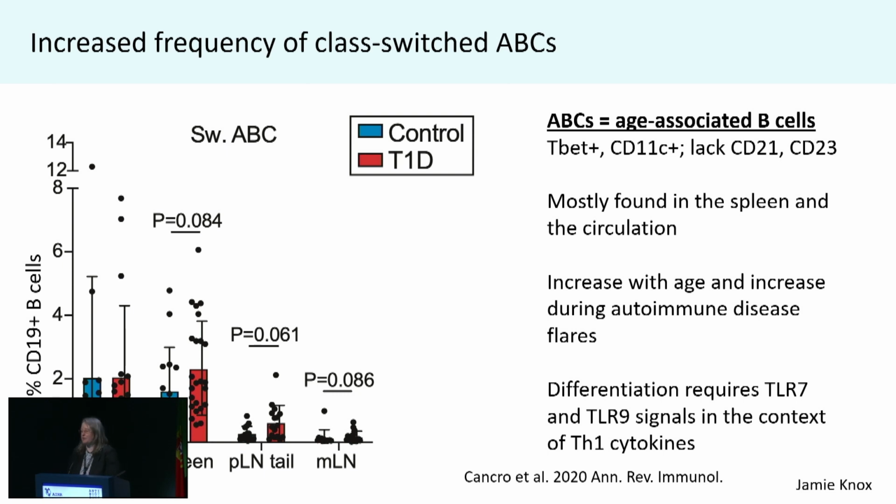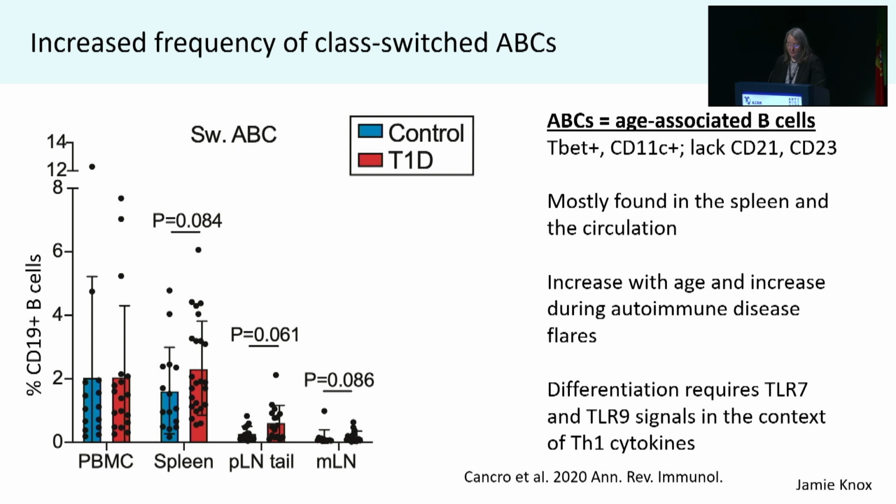So what are age-associated B cells? This is a memory population that is characterized by the expression of the transcription factor TBET. It has a myeloid marker, CD11C. It can also express CD11B. Classically lacks CD21, CD23, so it's really marking as a memory B cell. It's mostly found in the spleen, but also obviously can circulate.